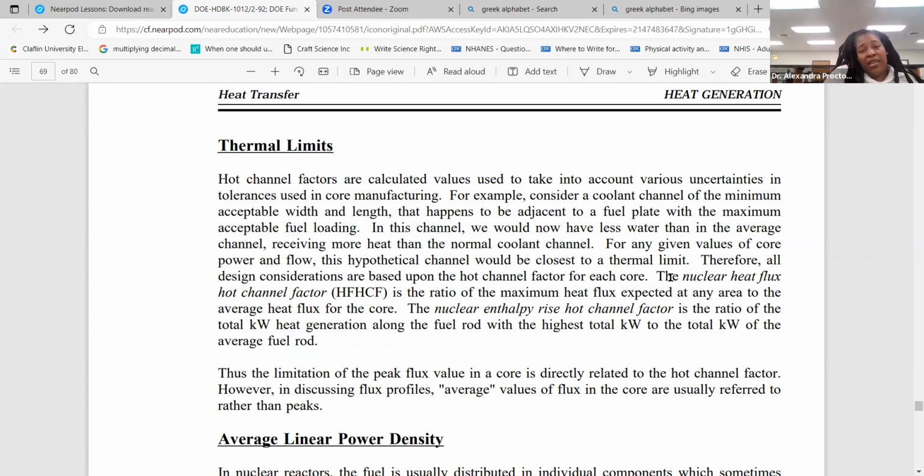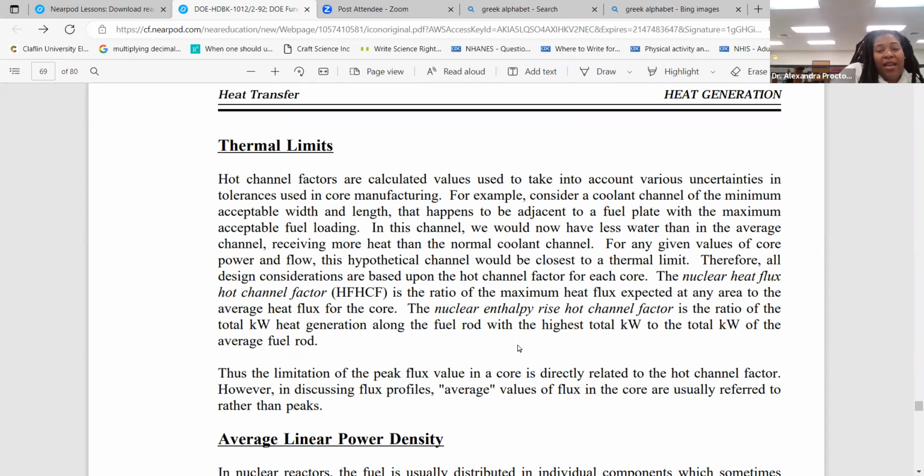So for any given values of core power and flow, this hypothetical channel would be the closest to the thermal limit. Therefore, all design considerations are based upon the hot channel factor for each core. The nuclear heat flux hot channel factor, HCF, is the ratio of the maximum heat flux expected at any area to the average heat flux for the core.